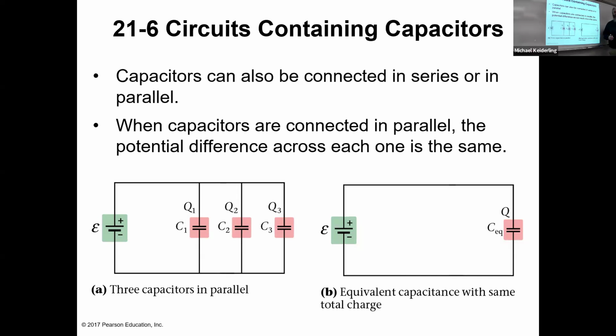And if you want to think about it in an intuitive way, it's like increasing the area of the capacitor. The capacitance increases. So the potential difference across each one is the same. Each one holds its own charge.